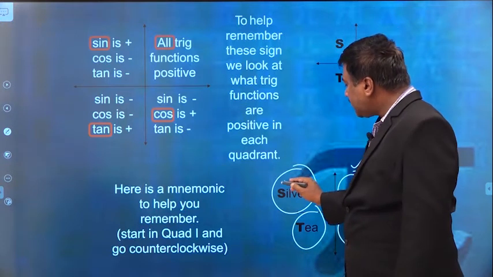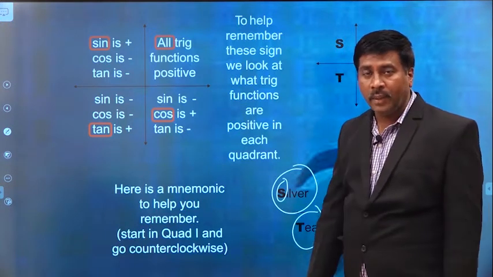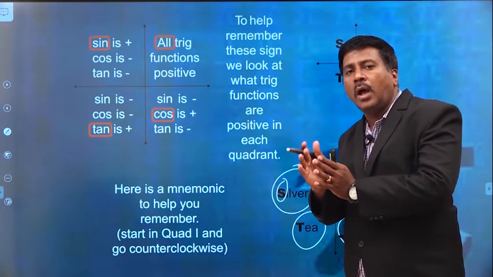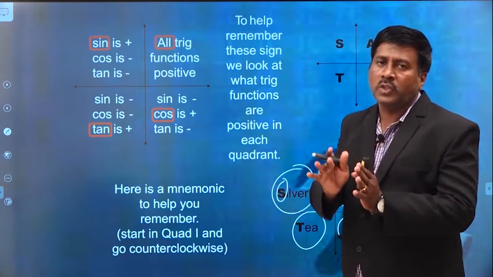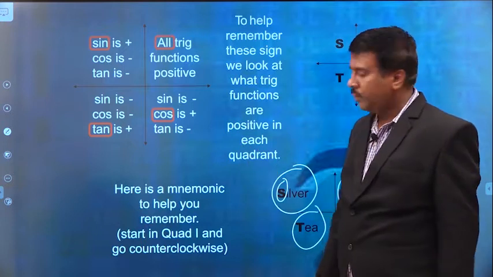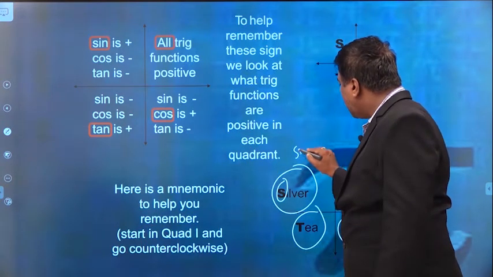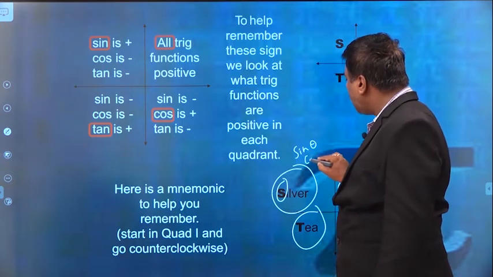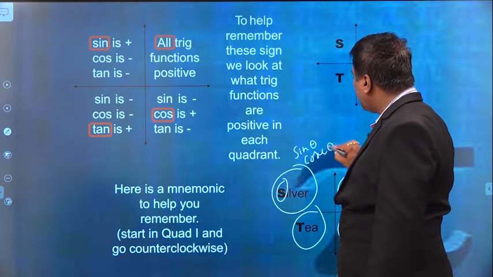The first letter S stands for sine. That means sine theta and its reciprocal, cosecant theta, are positive and all the others are negative. Therefore, in the second quadrant of the coordinate plane, only sine theta and cosecant theta are positive.